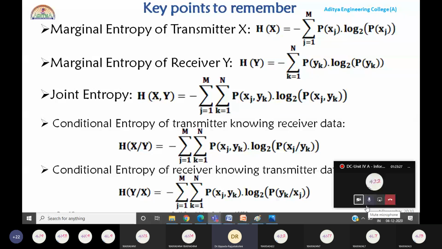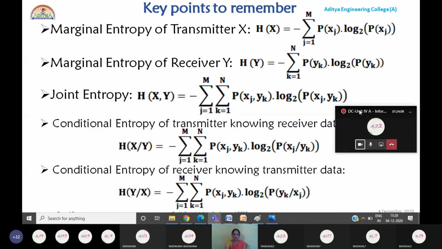In conditional entropy of transmitter knowing receiver data, H of x divided by y is equal to minus summation j is equal to 1 to m, summation k is equal to 1 to n, p of x j comma y k into log p of x j divided by y k into base 2. You don't need to say x of, it is x j, that is x suffix j. Okay.